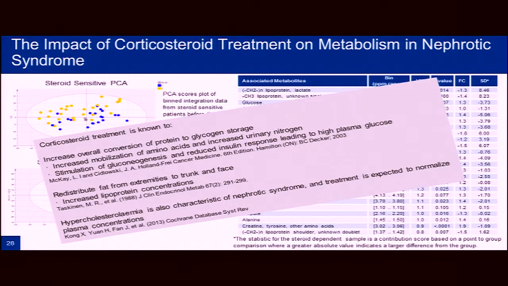It redistributes fat from the extremities to the trunk and face, so we expect different fats to be mobilized. And treatment also affects the hypercholesterolemia that you see in edema, and some of those signals, I think, are related to a reduction in that hypercholesterolemia.